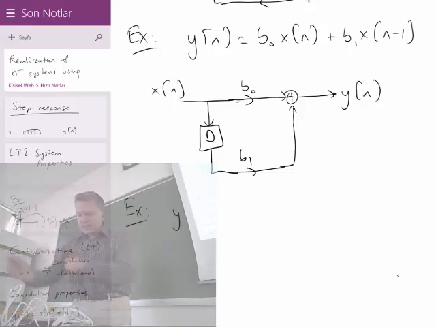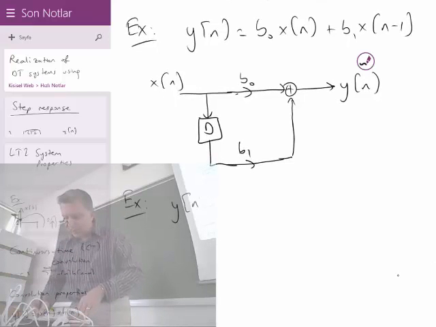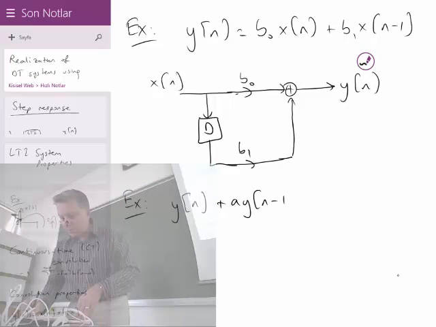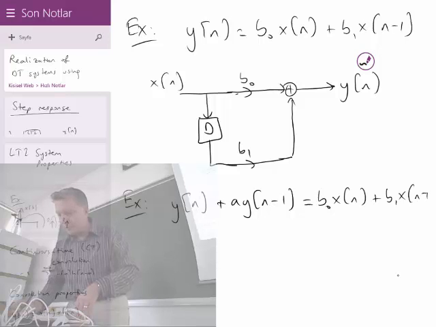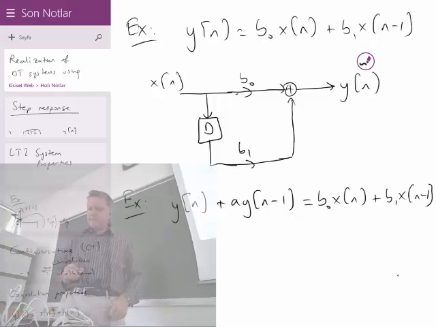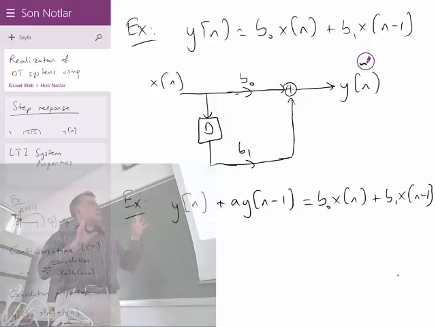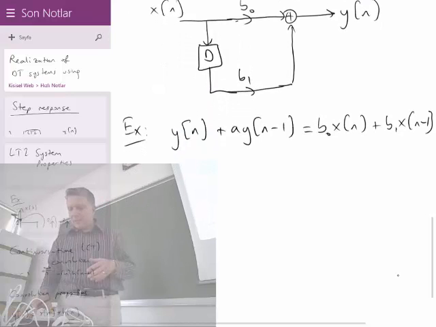Meanwhile, I'll give you the example. y of n plus a y of n minus 1 is equal to b0 x of n plus b1 x of n minus 1. Like this. So this is a first order at the input and first order at the output system.